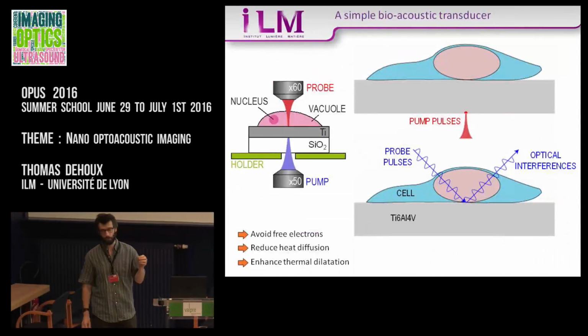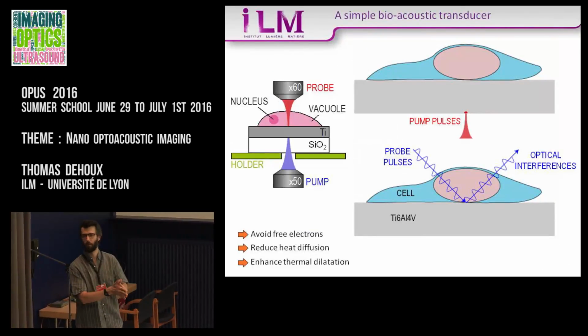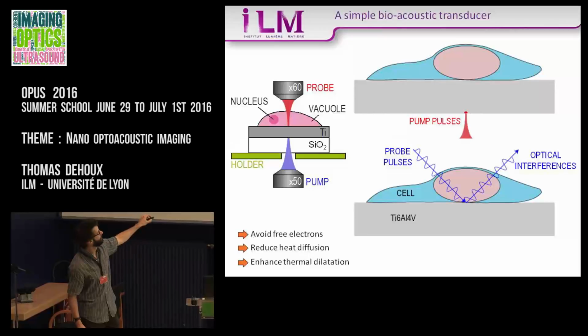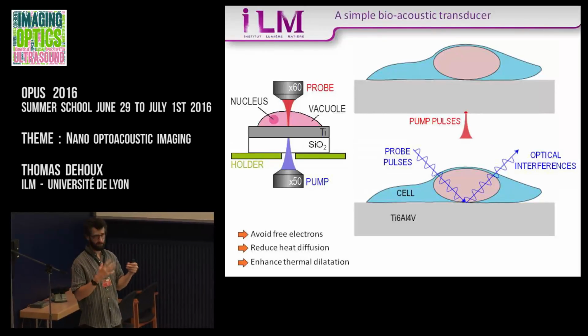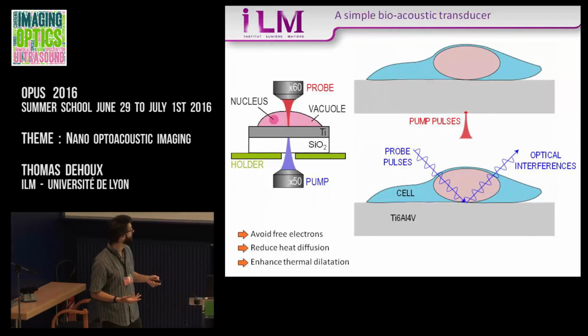And to work with this sample, we just designed a very simple basic transducer that is made of a thin metallic layer, typically 300 nanometer thick, made of titanium because it is biocompatible. And we deposited this layer on a transparent window that can be glass or even better sapphire.